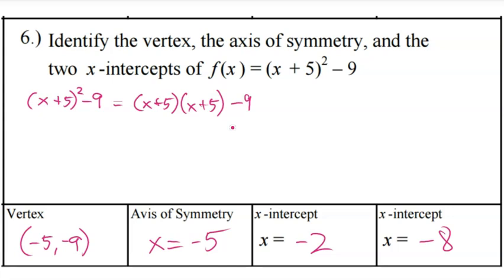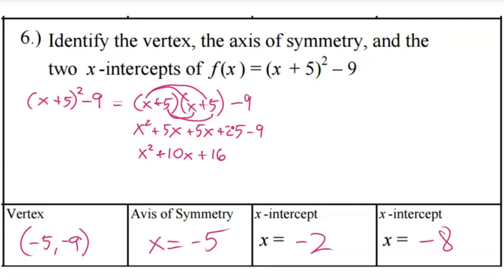And then if we expand that, this is going to be x times x is x squared, x times 5 is plus 5x, 5 times x is plus 5x, and then 5 times 5 is 25, and then minus 9, okay? And now we combine these, and we get x squared plus 10x. Then we combine 25 and minus 9, and we get plus 16.